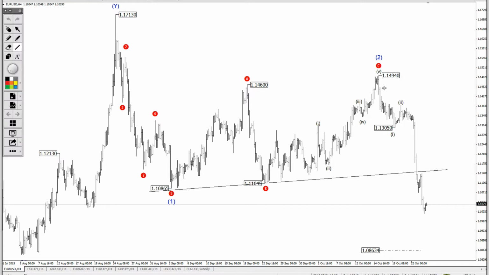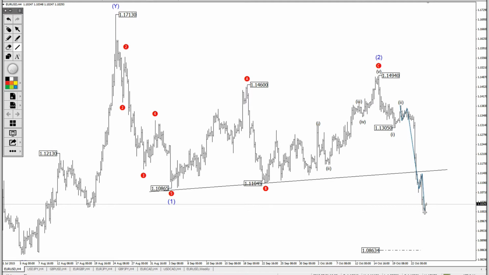And if we take a look at this wave structure, from this wave 2 peak, we can see a 5-wave structure to the downside to the low of approximately 110.